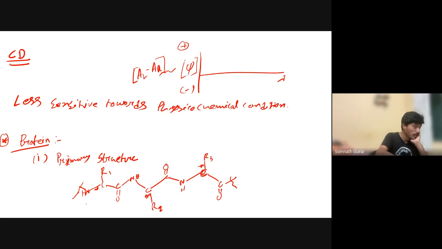This is the primary structure, and this is the amide bond. This bond is called the peptide bond.